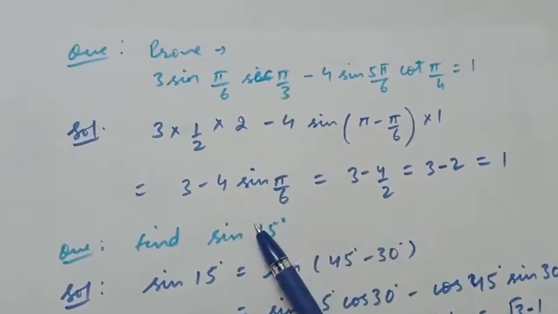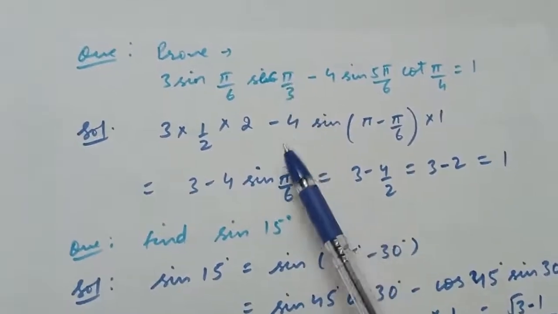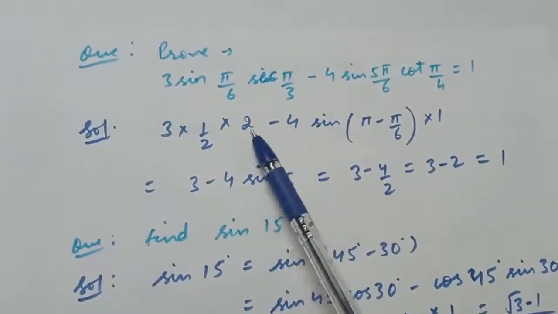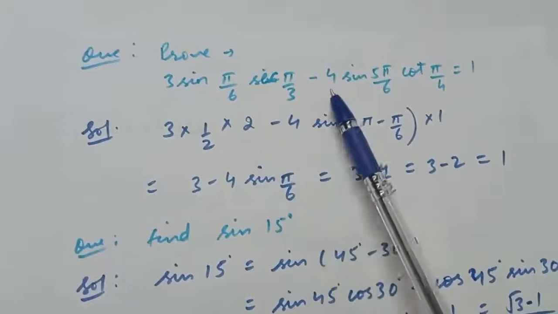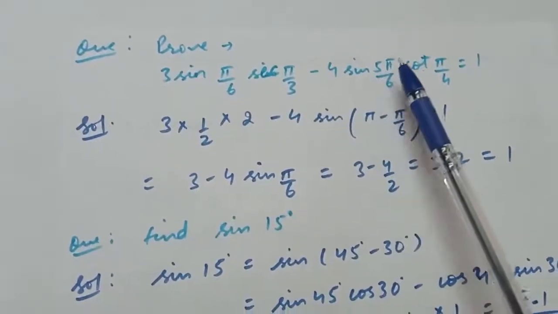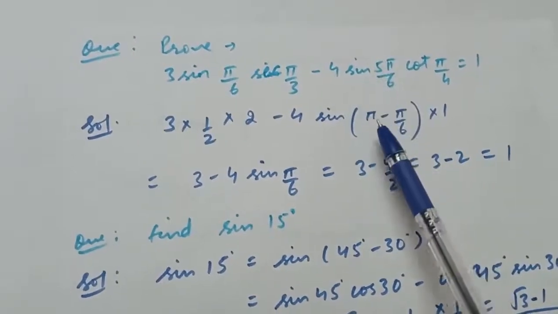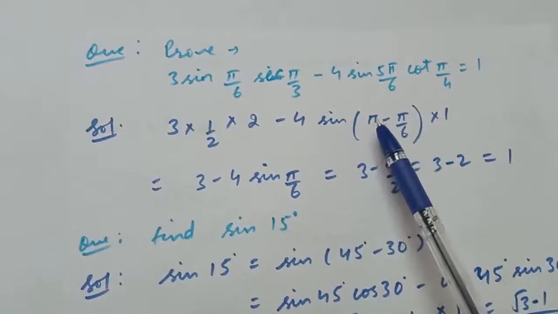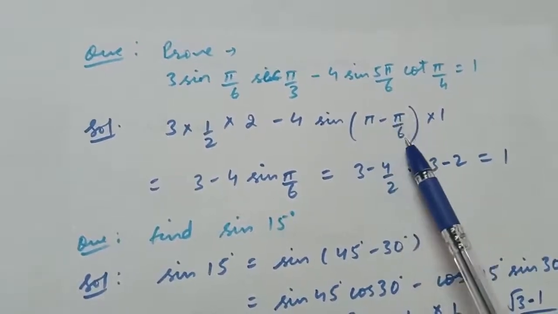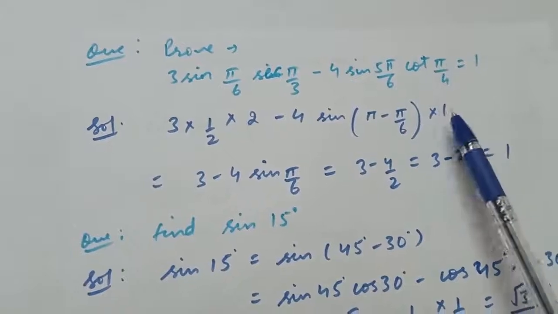Now we know cos 60 is 1 by 2. So secant 60 will be the reciprocal of cos 60. So it will be 2. Minus 4 into, now this is 5 pi by 6. So we don't know the value of 5 pi by 6. Right? So write 5 pi by 6 as pi minus pi by 6, into cot pi by 4 is 1.